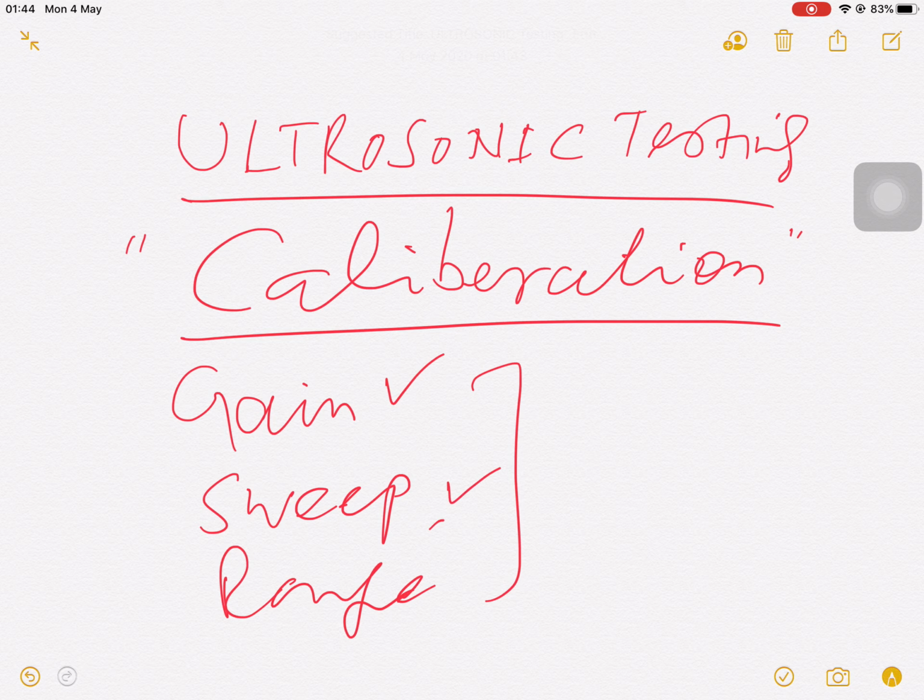Regarding the sweep, the distance of the display is established in terms of equivalent sound path, where sound path is the distance in the material to be tested from the sound entry point to the reflector. It is very important to establish these parameters.